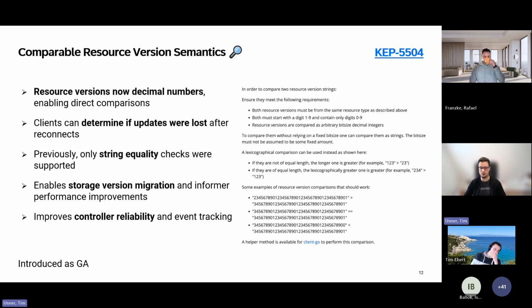Now it is officially supported to check if a resource version is greater or less than the other resource version, which helps you to actually judge the state of your resource, right? So you can really judge if you missed some updates, for instance, and if the resource you're looking at is newer than the other resource, which was, for instance, cached somehow. So this is officially supported.